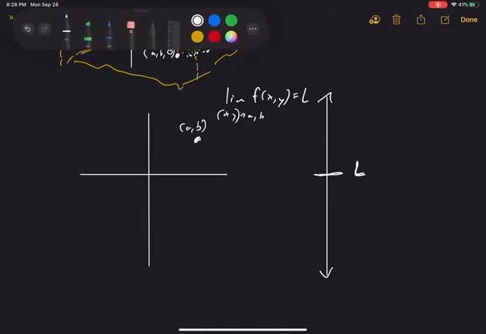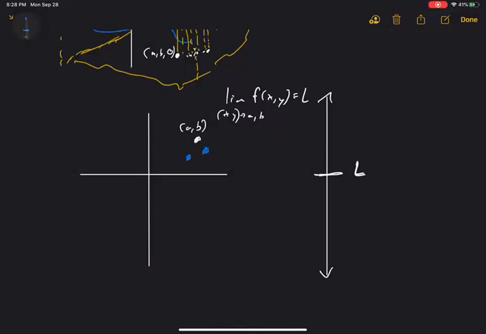Let's do blue. I have these points surrounding a, b, and my function takes each of those points and maps it to some value on my number line.